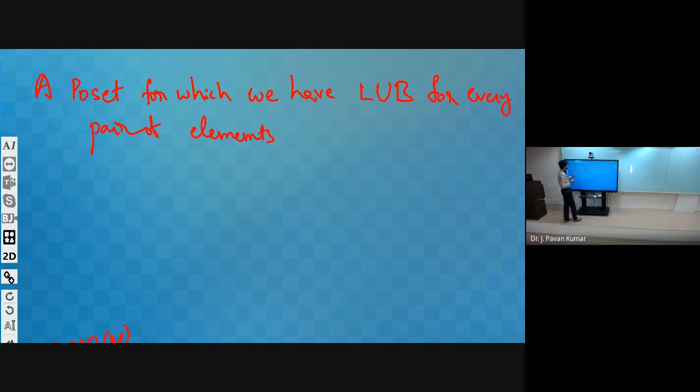Try to understand: a poset for which we have a least upper bound, that is, the join, for every pair of elements is called a join semi-lattice.